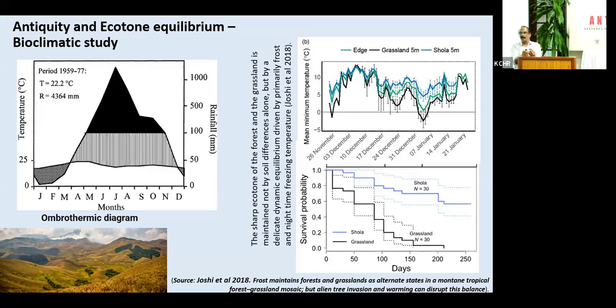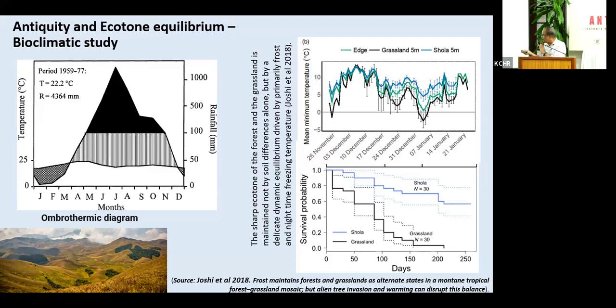The same experiment was done by Mahesh Sankaran, Joshi and Jayashree, almost the same experiment, recently. They took Syzygium grande seeds and also acacia seeds and planted them. They had all the experiments set up in the Nilgiris and did the measurements, including the temperature in the grassland.